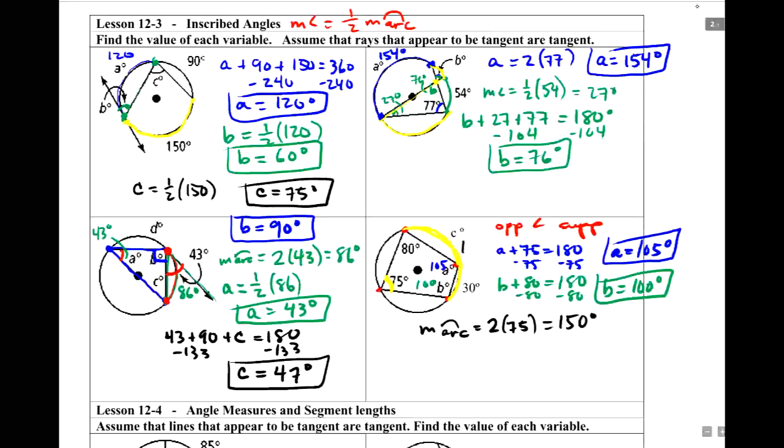So this entire thing is 150 degrees. So I can say that C plus 30 is 150. Subtract 30 from both sides, and C is 120 degrees. So this piece here is 120 degrees. The entire thing is 150.